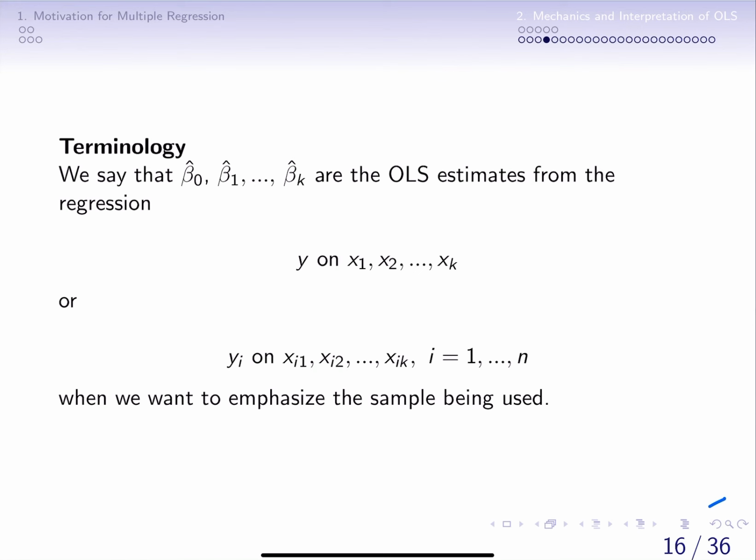And so we can say that beta naught hat, beta 1 hat through beta k hat are the OLS estimates from the regression of y on a bunch of x's, right? Or of yi on xi1, xi2, through xik for n cross-sectional units if we want to emphasize that our sample size is n.